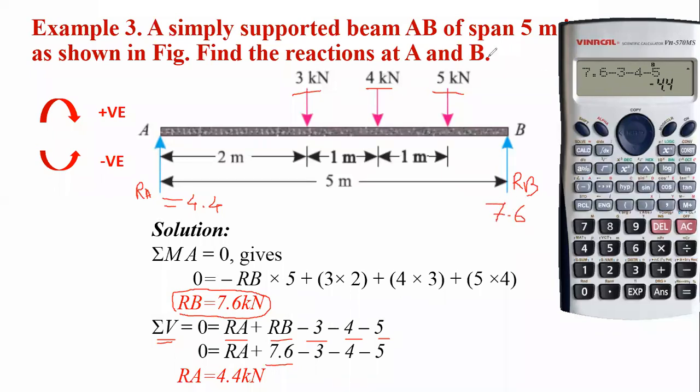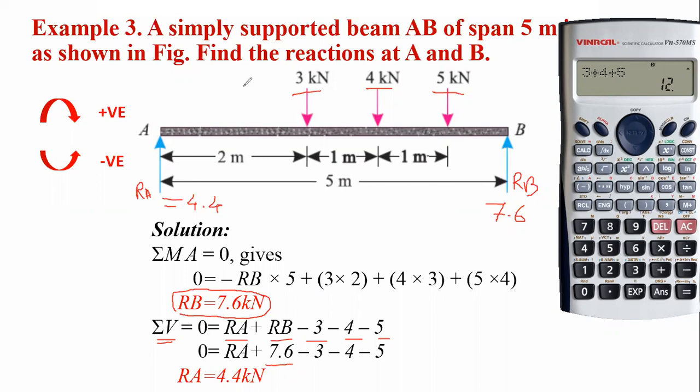If you take the summation of these two, 4.4 plus 7.6, how much? This one is 12. Now the action is how much? This 3 plus 4 plus 5, the summation of these loads, is also 12. It means that every action has an equal and opposite reaction.